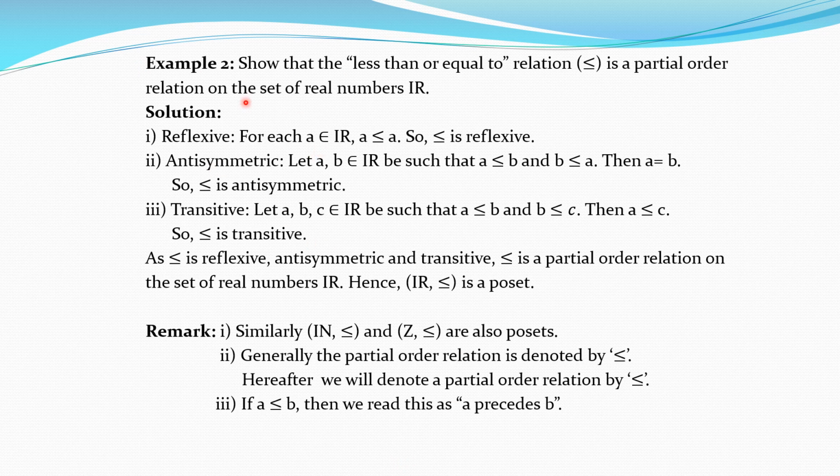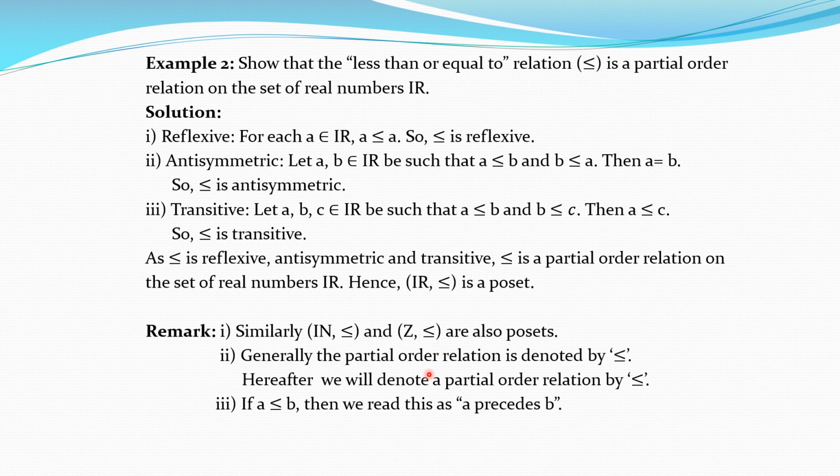Now similar to that, the less than or equal to relation is a partial order relation on the set of real numbers R. Again in the same way we can show that it is a partial order relation. Similarly, N with less than or equal to and Z with less than or equal to are also POSETs.